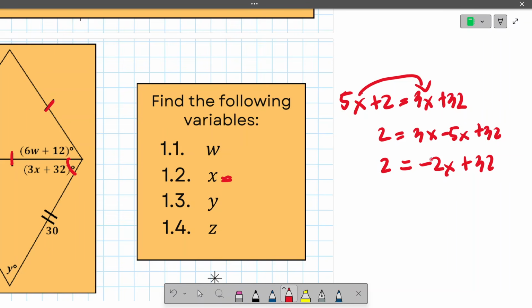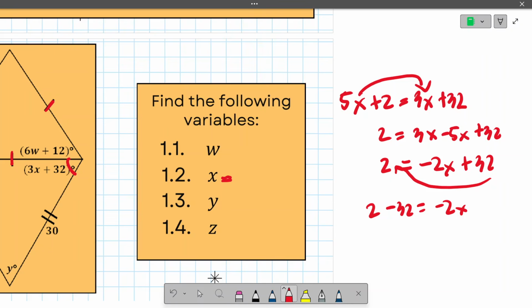Dito naman si 2. Now, i-transpose ulit natin si 32 over here. Pag mag-transpose tayo, mag-differ ang kanyang sign. So, what will happen to 32? From positive, it will become negative. Instead of putting this 32 in front of 2, ilagay na lang natin siya sa next to here. So 2 minus 32 equals negative 2x.